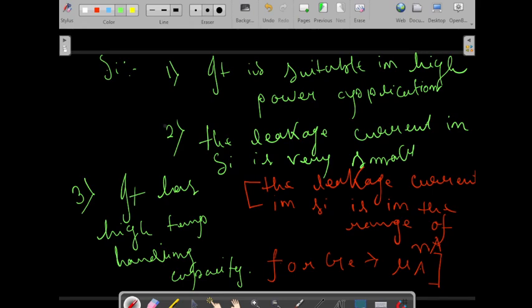The second point is very important. The second point is the main advantage of silicon over germanium.